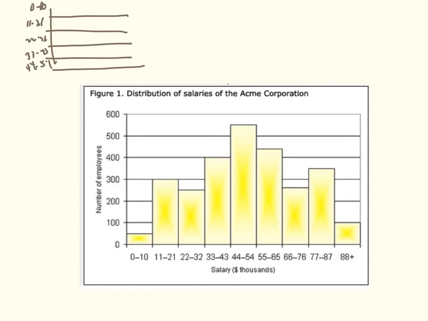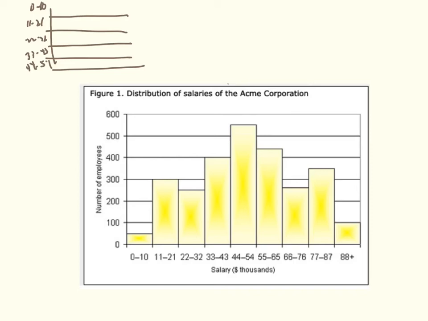Now you notice the data range in each of these is 10, right? 0 to 10, and it goes all the way. I'm not going to even keep going there.